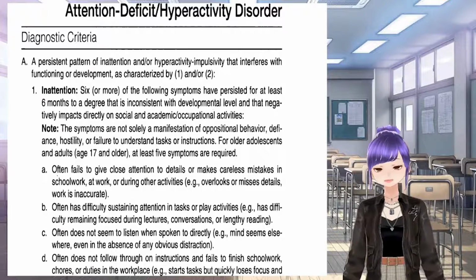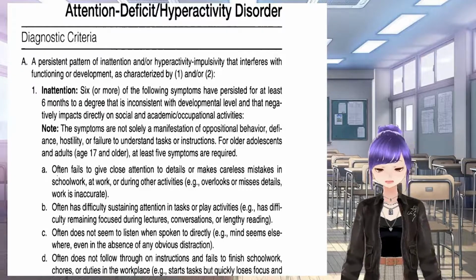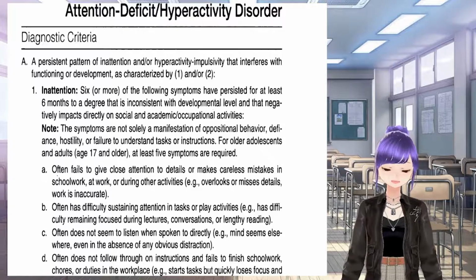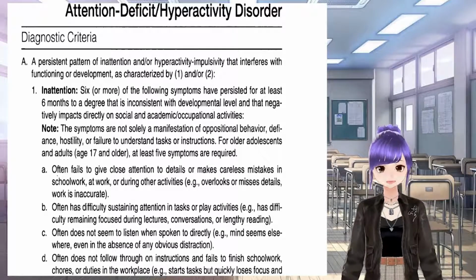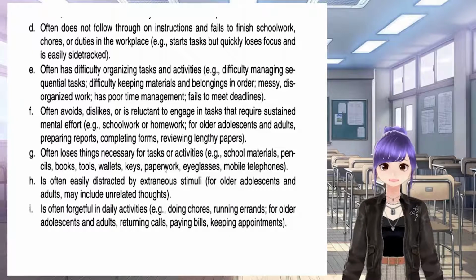Letter C, often does not seem to listen when spoken to directly. For example, mind seems to be elsewhere even in the absence of any obvious distraction. Letter D, often does not follow through on instructions and fails to finish work, chores, or duties in the workplace. For example, starts tasks but quickly loses focus and gets easily sidetracked.